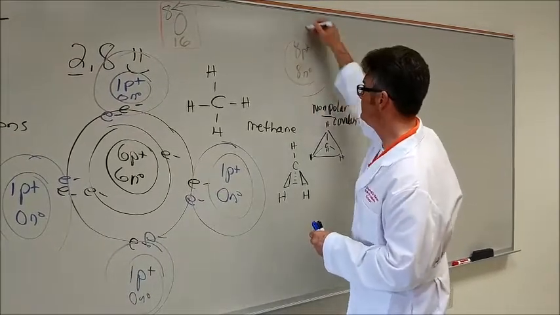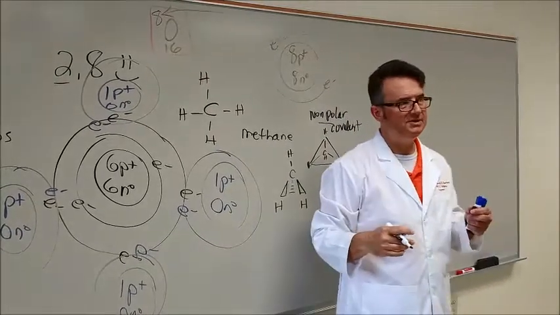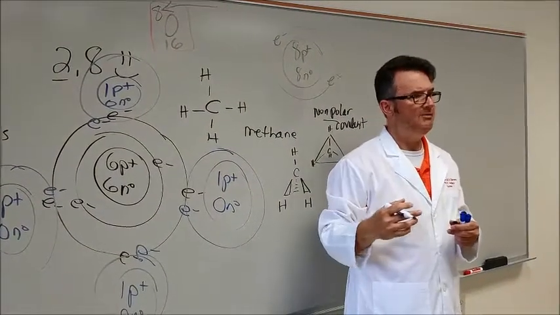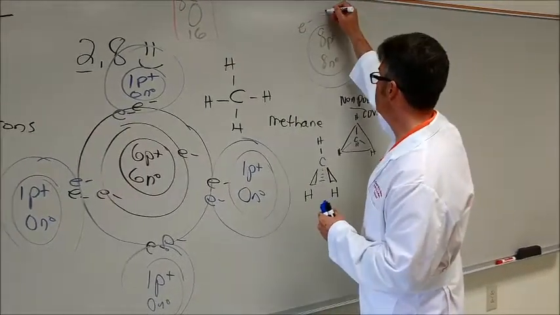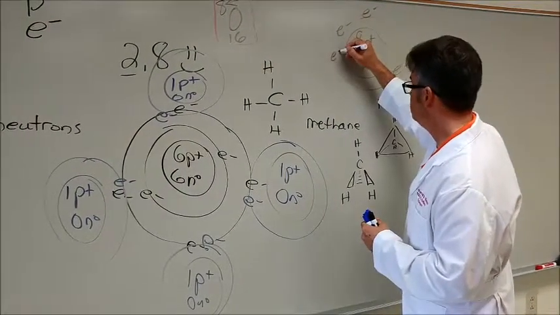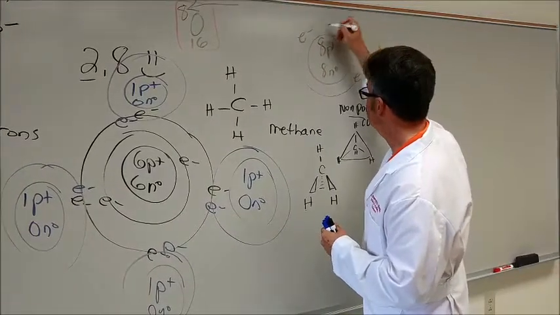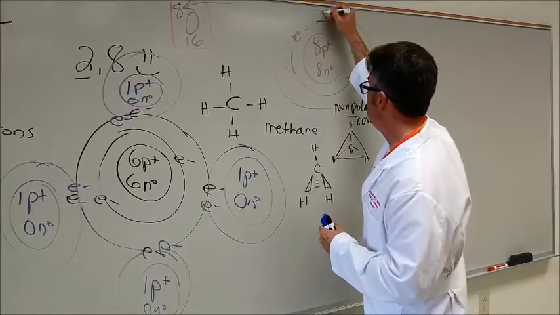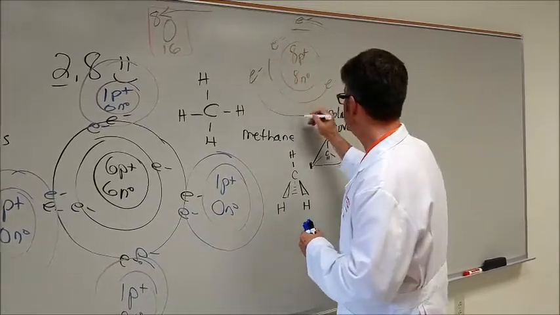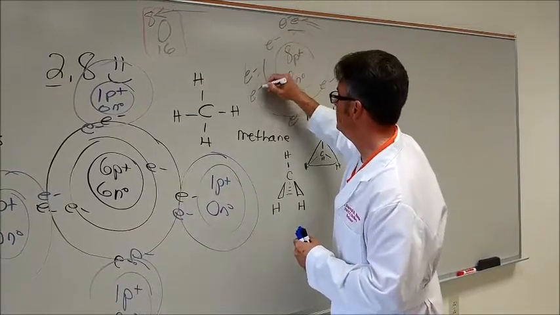Remember that the first shell will hold up to 2 electrons, and if I place 2 and I have a total of 8, how many more do I have left to go? 6 more to go. Okay, watch this closely. There's a problem here. I need a new orbit. Okay, 1, 2, 3, 4, 5, and 6.